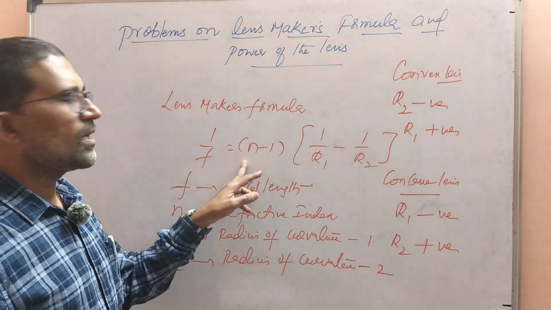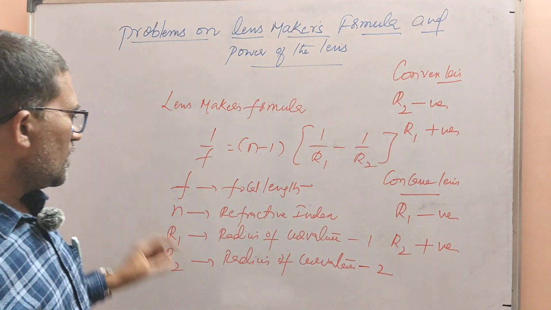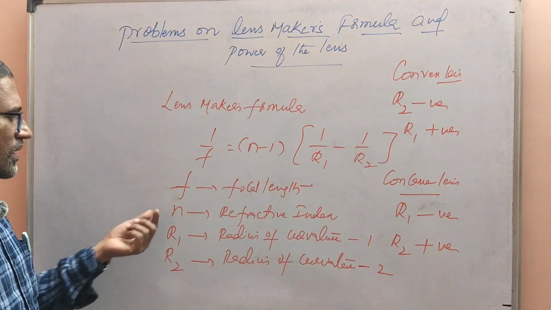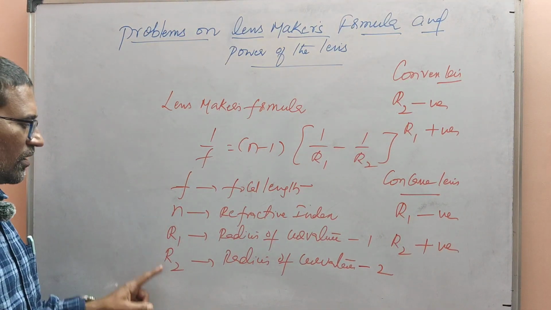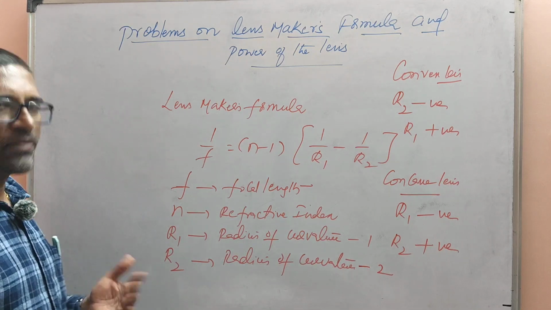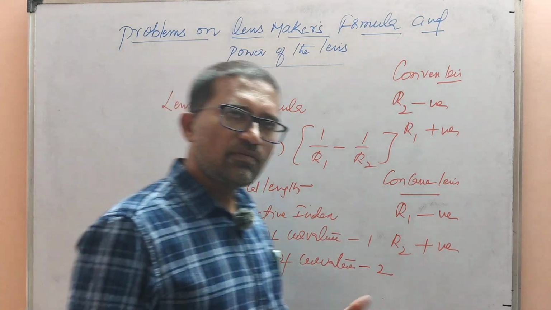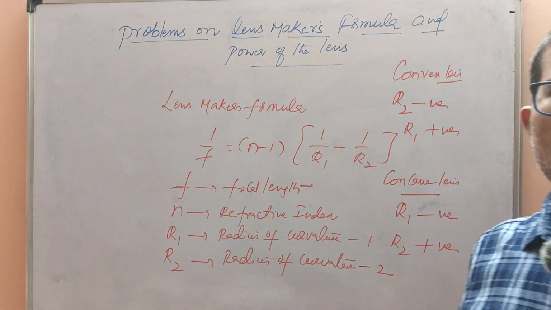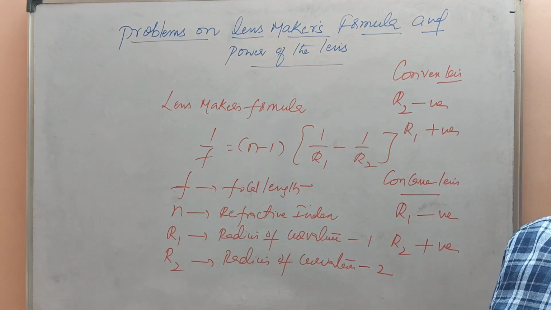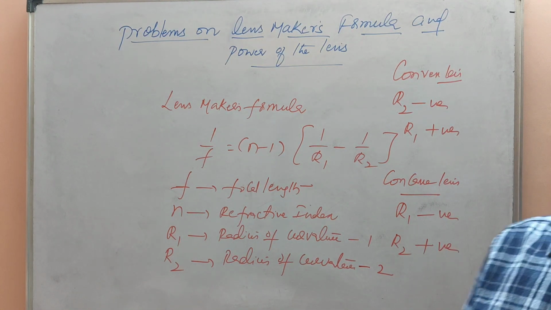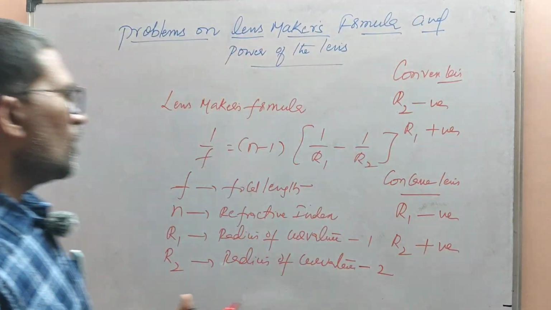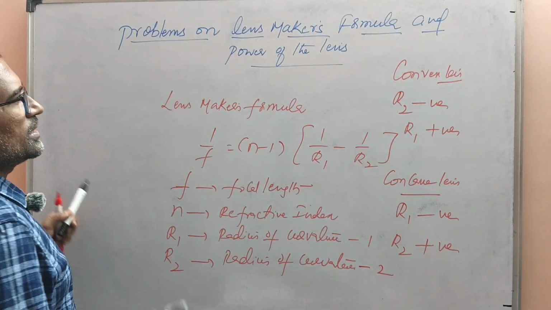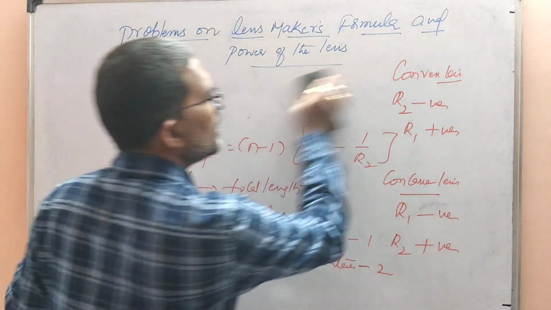Sometimes R1 will be given, n is there, f will be given, and you have to find out R2. So there are different ways of asking these problems based on lens maker's formula for both concave and convex lenses. Next, we are going to discuss power of the lens.